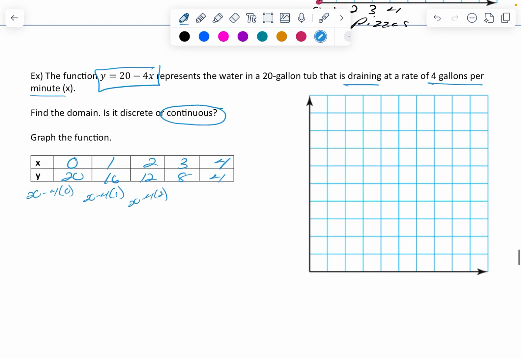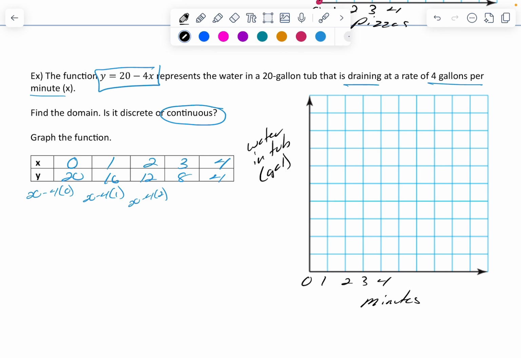So now let's label our graph. X refers to minutes. 0, 1, 2, 3, 4. And our Y represents how much water is in the tub, in gallons.